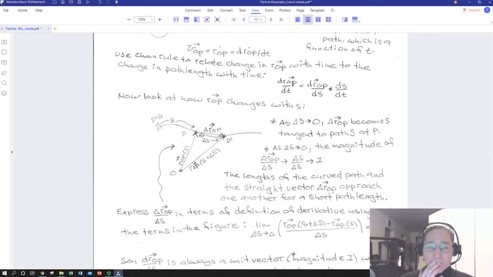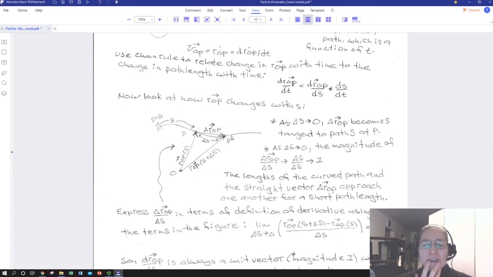So first, I got a curvy length, delta s, and I got a straight length, delta radius OP. So the change in that radius from this radius vector to this radius vector. So this is pretty akin to that cylindrical coordinate r hat changing at two different times. So as your delta s gets smaller and smaller, the delta ROP becomes tangent to the path at P.